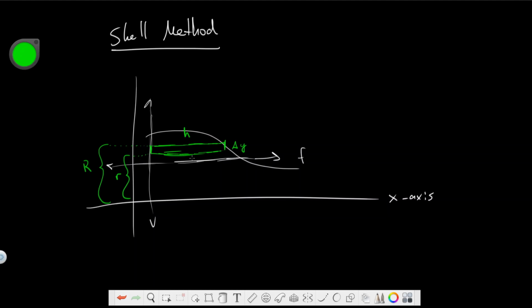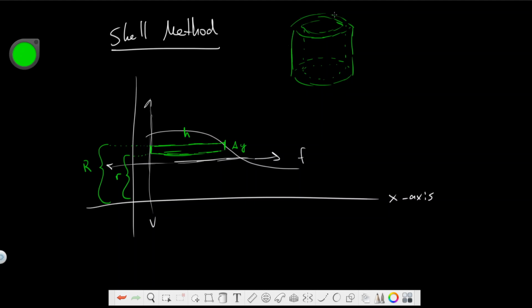So the question is, what is the volume of this shell that we're making? Let me just draw the shell real quick. All right, so it's this cylinder with a cylinder removed.